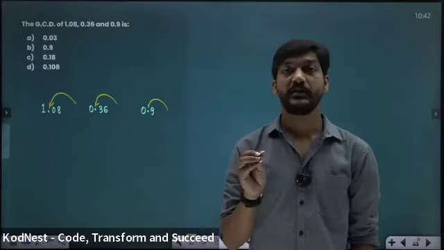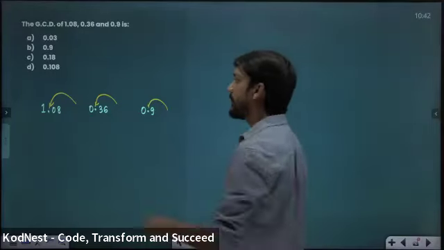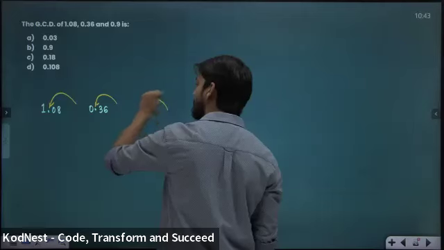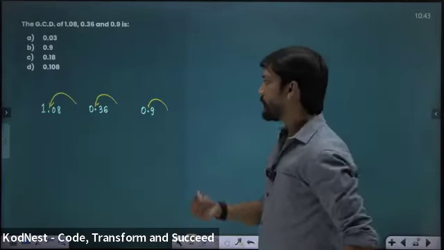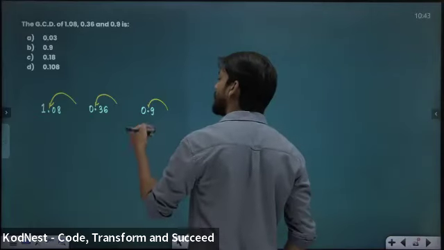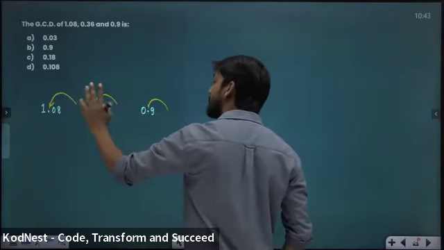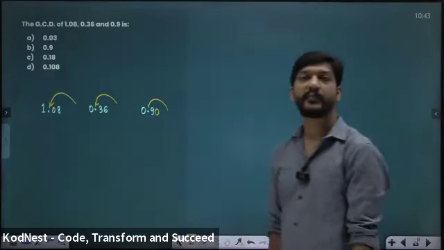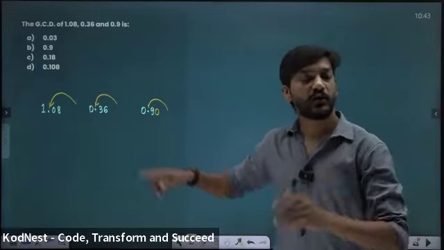Now, the decimal should be present at the same place. That means if it is after two places here, it should be after two places there, and after two places there. So you have to do some modification so that the decimal is present after the same number of places. Now see please. If I put a 0, did I do anything logically wrong?